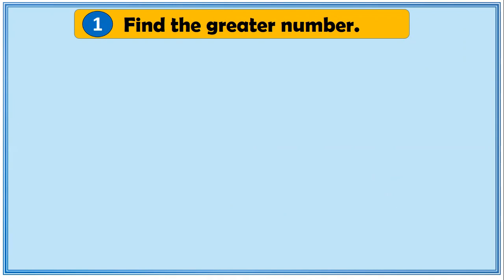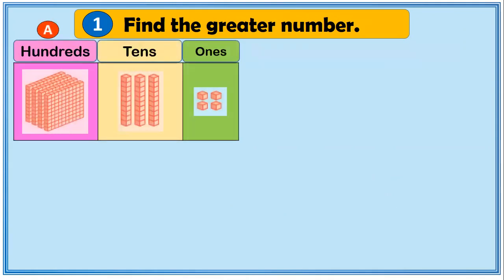For example, number 1, find the greater number. So here I have sets of cubes. So for set A, we have here 4 cubes of hundreds or 400.